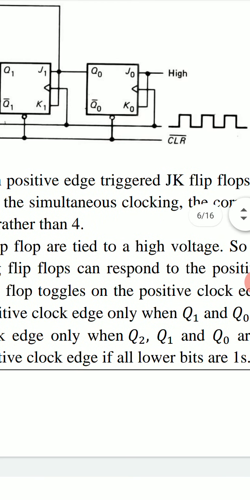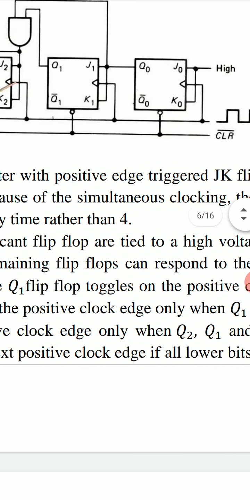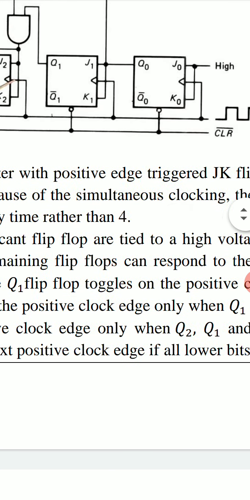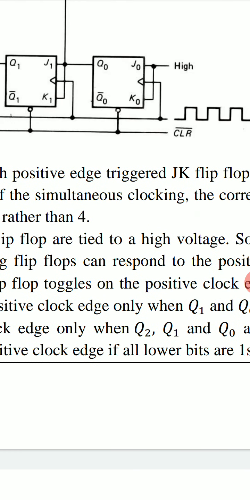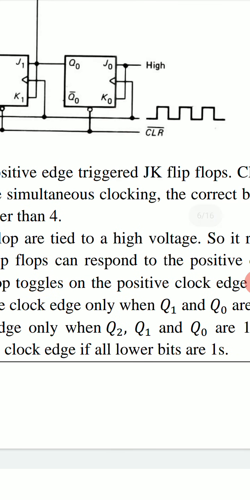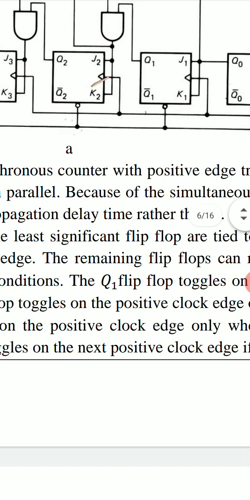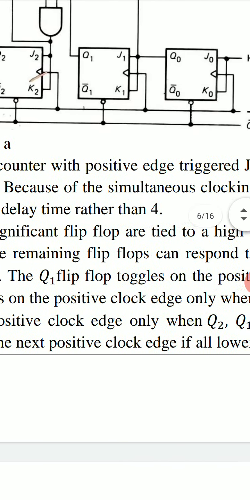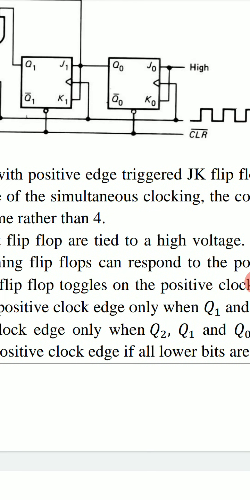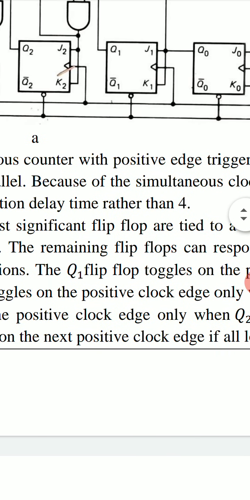In ripple counter, this clock signal drives LSB flip-flop only, and its output, that is Q0, will drive the clock of next JK flip-flop and so on. But now in synchronous counter, this clock pulse will drive all the 4 JK flip-flops simultaneously.